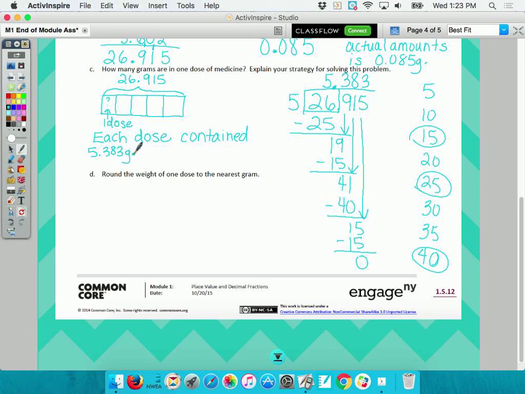And it says explain your strategy for solving this problem. Explain your strategy. What did you use? The long division. So you could just put I used long division. Or you could say standard algorithm to solve the problem.